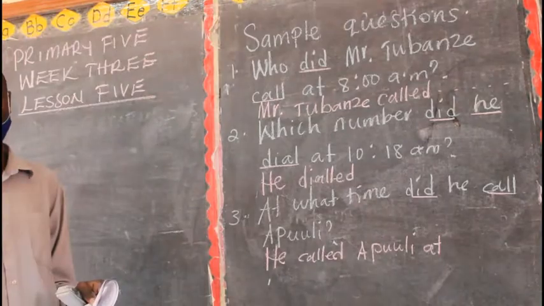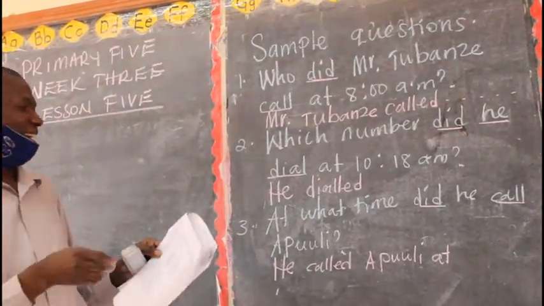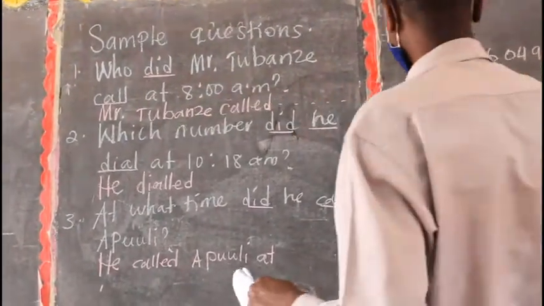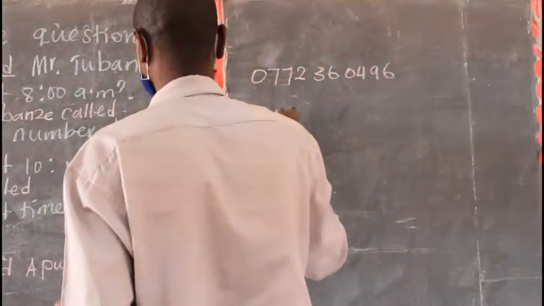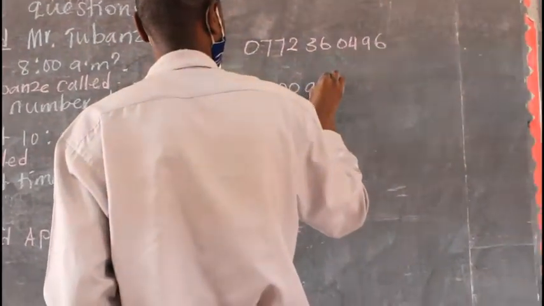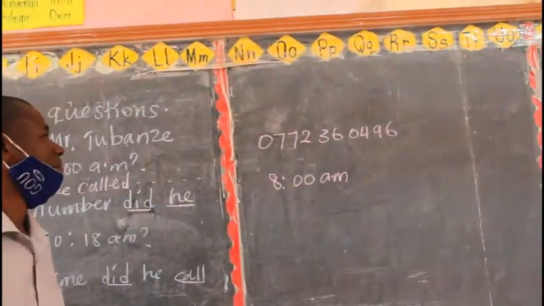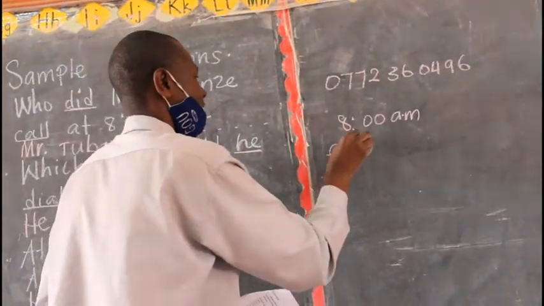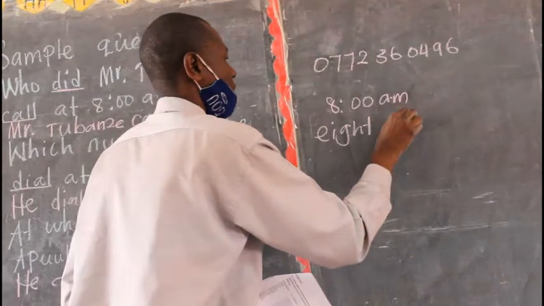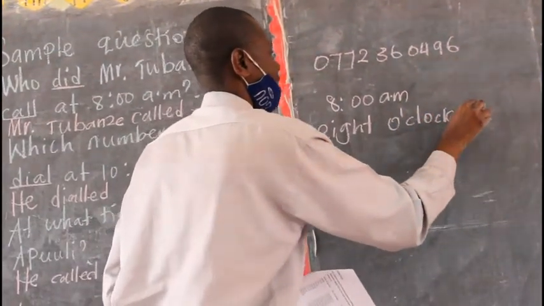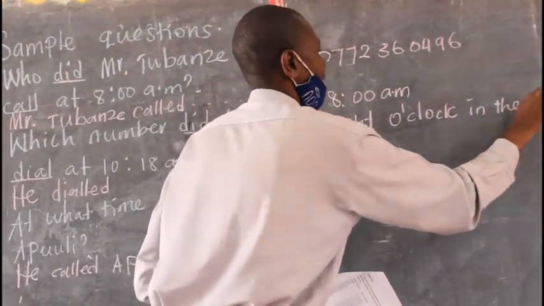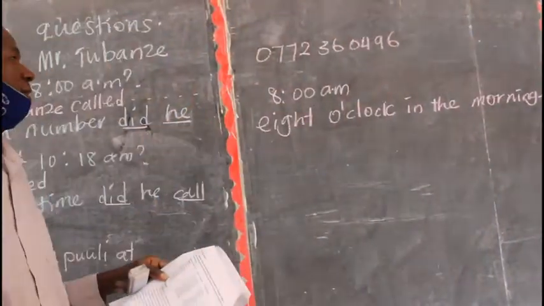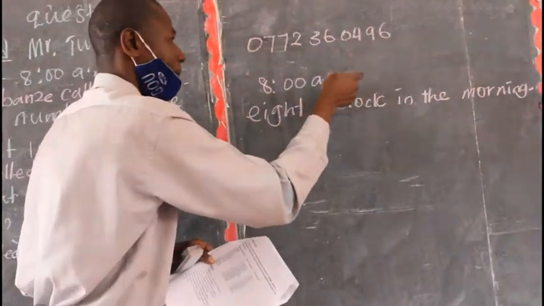Now when it comes to time, please. Time in English, for example, this one here. If it is 8 a.m., this one is supposed to be written as 8 o'clock in the morning.